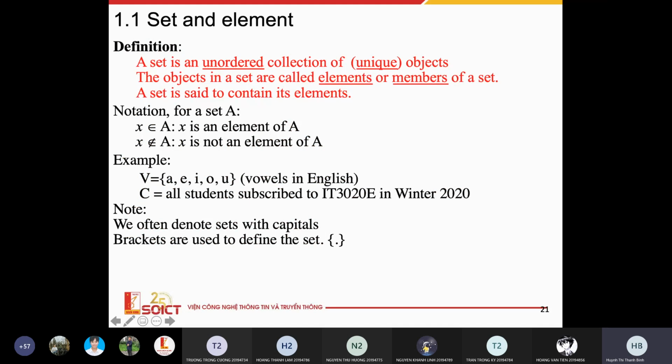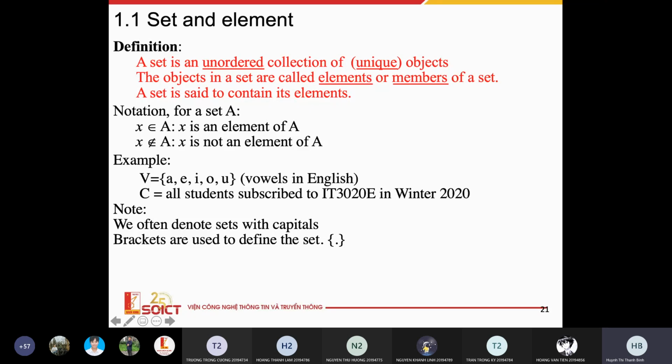A set is an unordered collection of unique objects. The objects in a set are called elements or members of the set, and a set is said to contain its elements. We have a notation for set A. If x is an element of set A, we denote it like this.